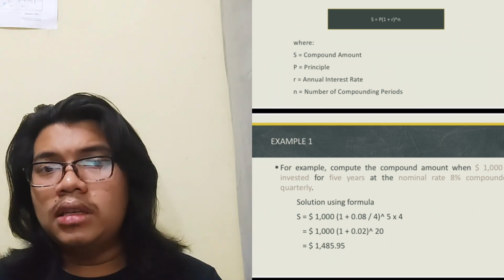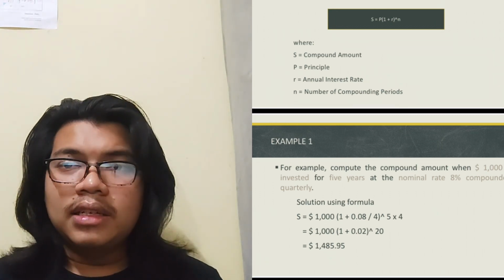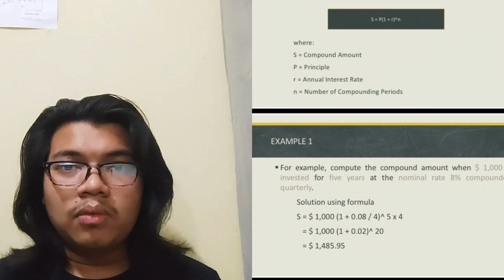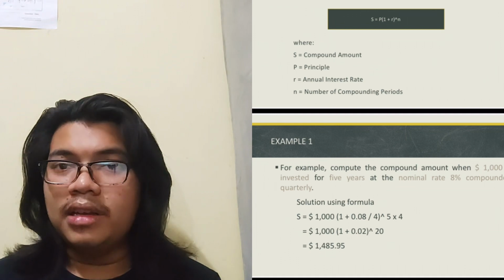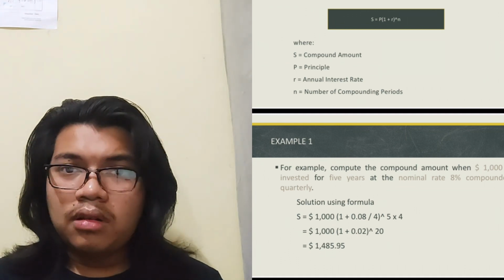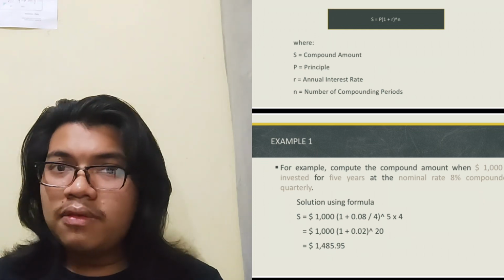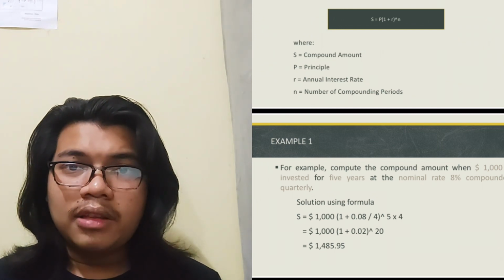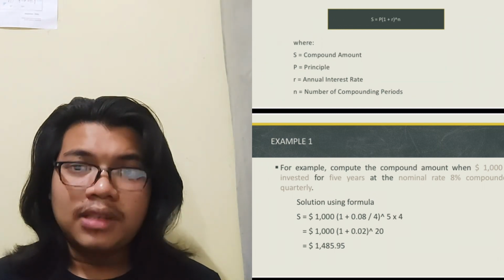As we can see, we must adjust the interest rate by dividing 8% or 0.08 by 4, and the time period is adjusted by multiplying 5 years by 4. After that, by using the formula, the answer for the compound amount is $1,485.95.